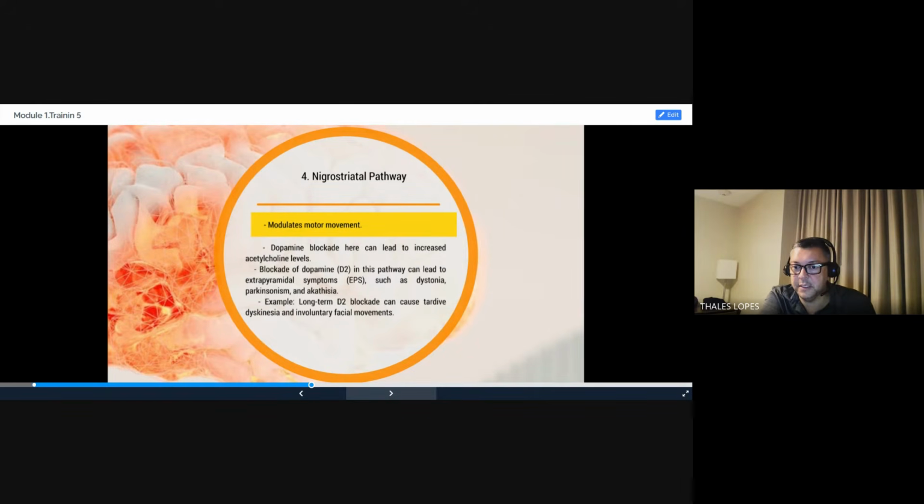Okay, which action does serotonin have in this pathway? Great question. In this pathway you have less blockade of dopamine because 5-HT2A and dopamine counterbalance each other. So you have more dopamine in this pathway, meaning now you have less acetylcholine and less EPS symptoms.